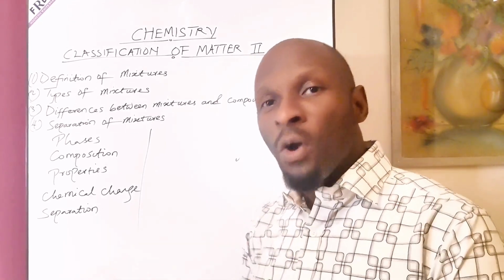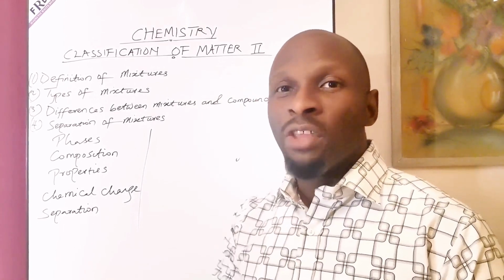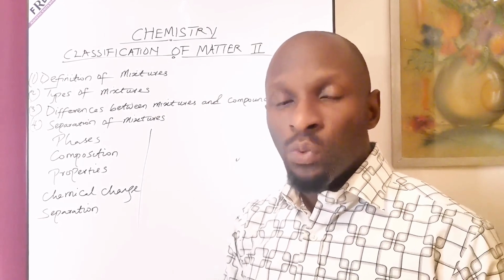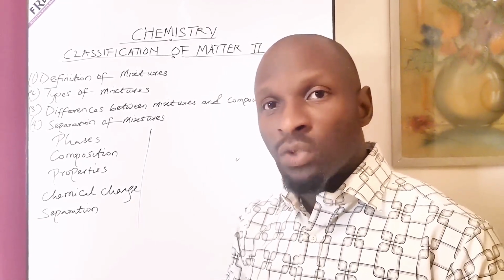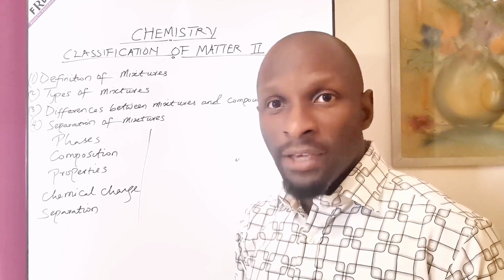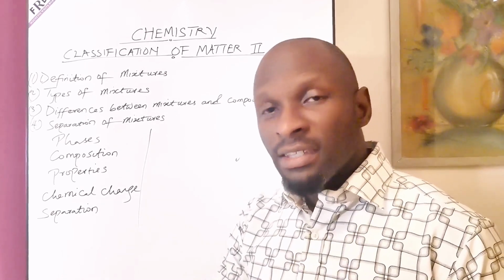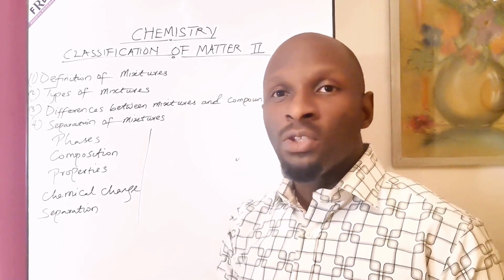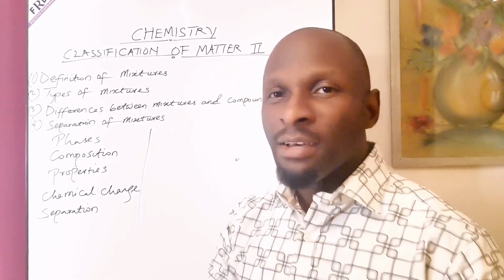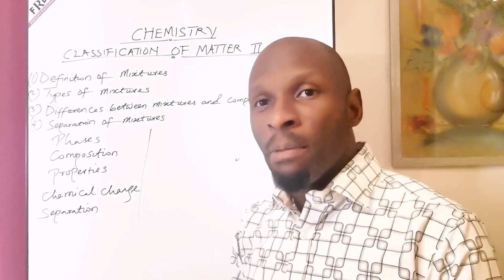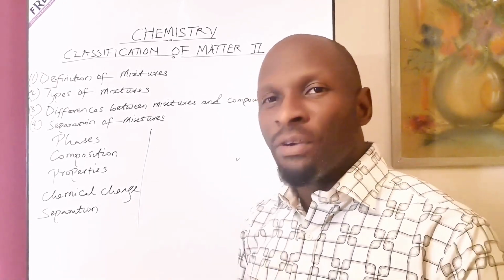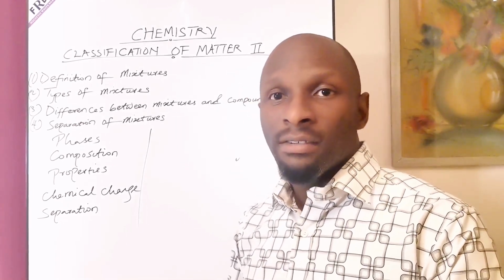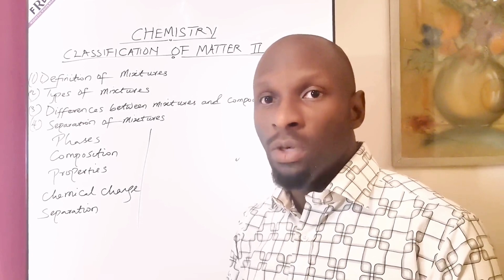Unlike in the case of a compound, where the properties of the compound completely differ from the properties of the elements that were brought together to make that compound. So in one case, the properties of the mixture are the summation of the properties of the constituting substances. But on the other hand, the properties of a compound are completely different from the properties of the constituting elements or compounds. Is that okay?